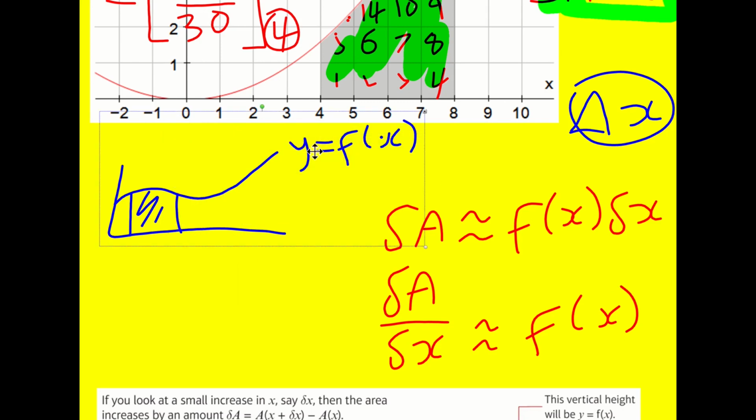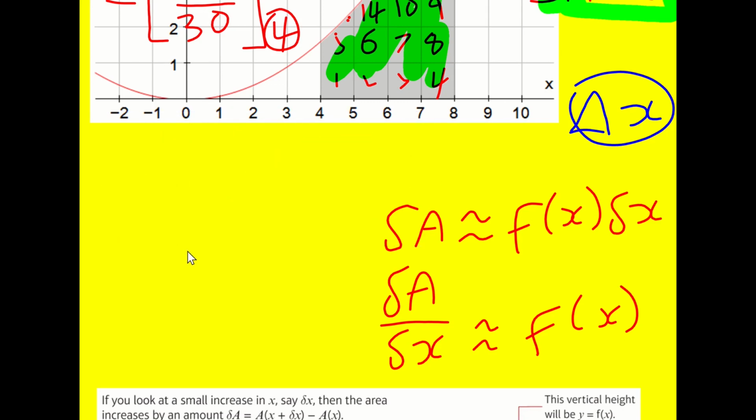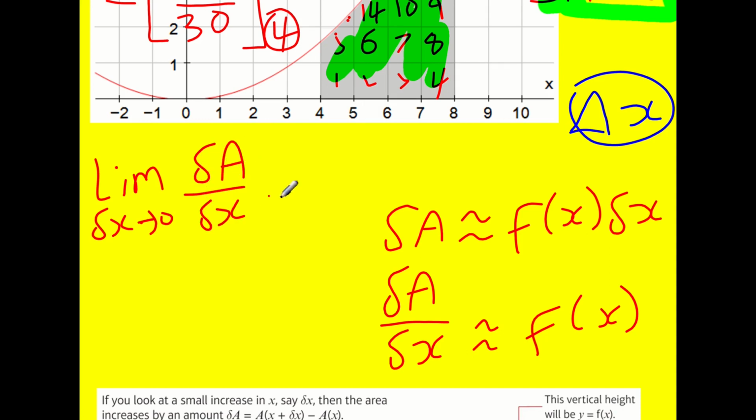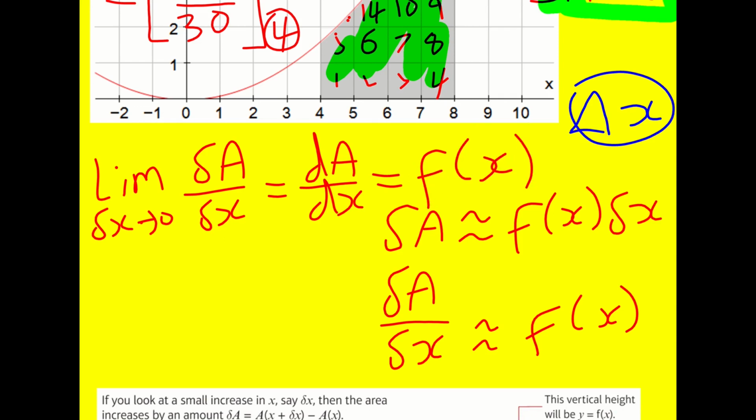So we can take the limit as delta x tends to 0, and then this is going to equal dA by dx. That is my gradient, and that is going to equal f of x. So it's all going to match up exactly when I do that.